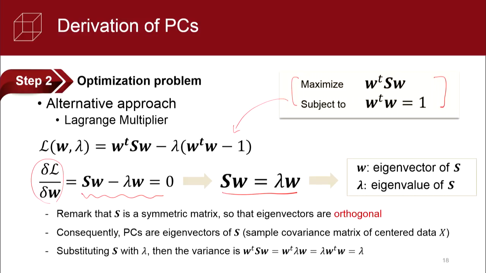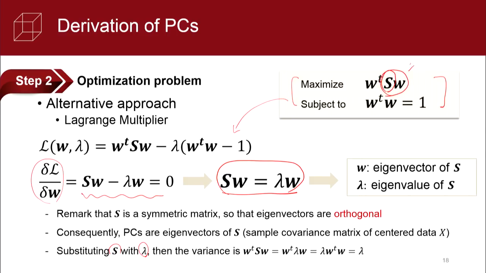S is the sample covariance matrix, so S is a symmetric matrix, so eigenvectors are orthogonal. Consequently, the principal components are nothing but the eigenvectors of S. By substituting, because if W is the eigenvector, then SW is equal to lambda W, I plug in lambda W instead of SW.